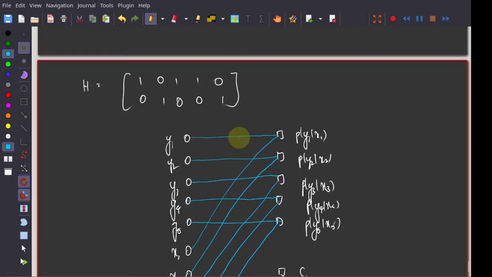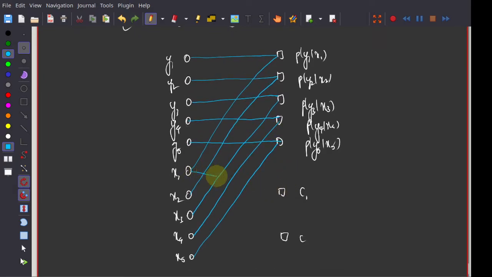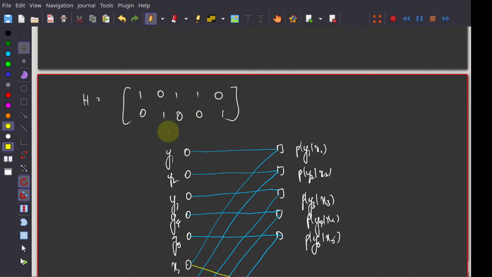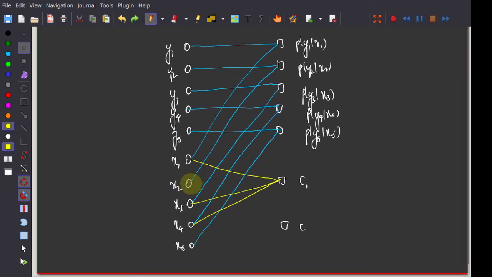And the first parity check involves x1, x3, and x4. And the second parity check involves x2 and x4. So this would be the factor graph corresponding to this particular linear code.